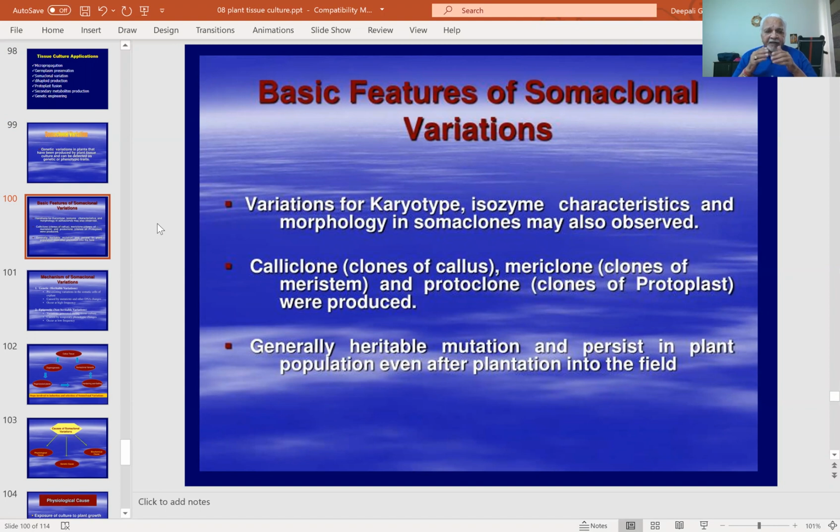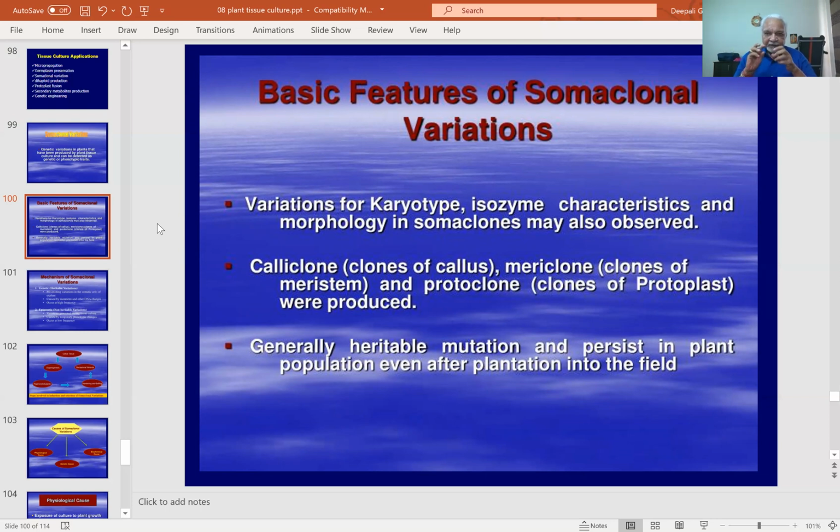Now, it can be in callus clones, meaning after inducing callusing, the callus can be cut into small pieces, which represents a clone of callus, or mericlone, clone of meristem, or protoclone, clones of protoplasts.